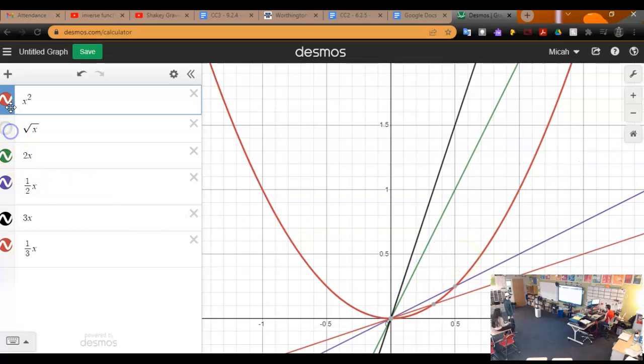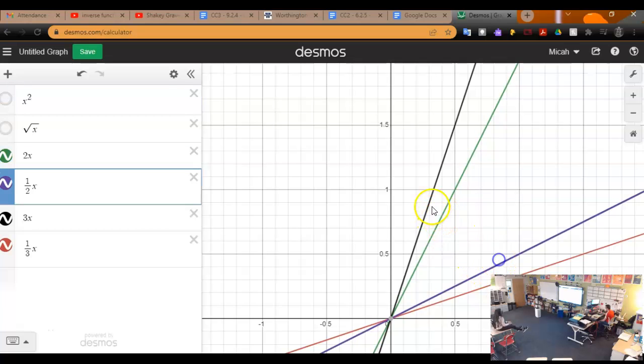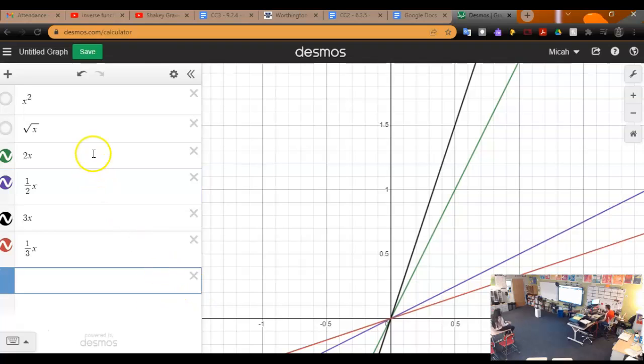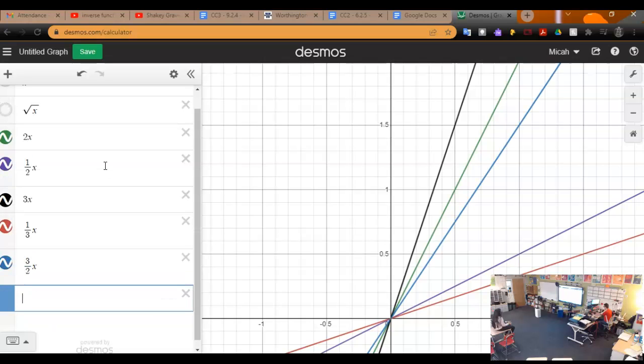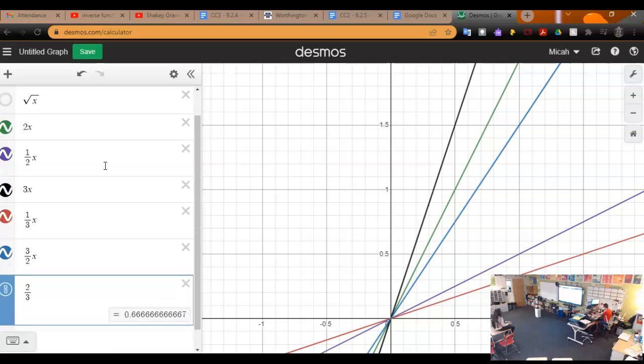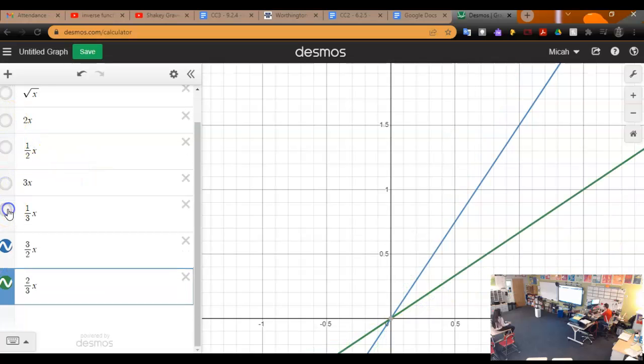Green and purple are inverses. Black and red are inverses. What if instead of 2x, I do 3/2 x and then 2/3 x? Closer. Makes more lines.